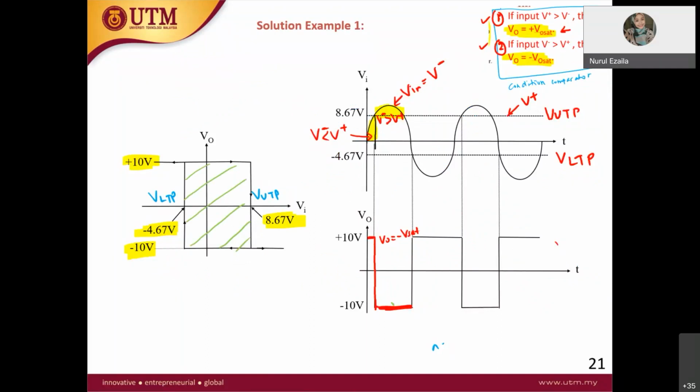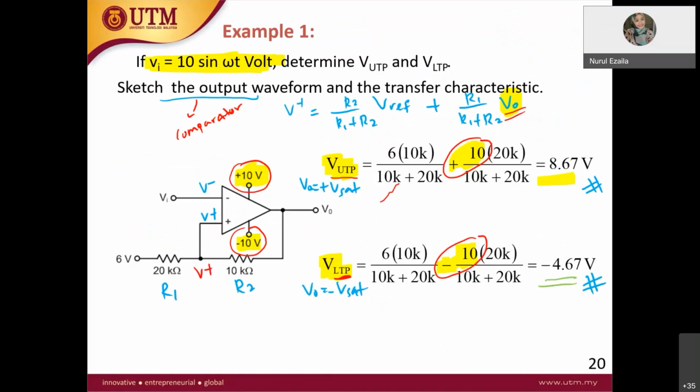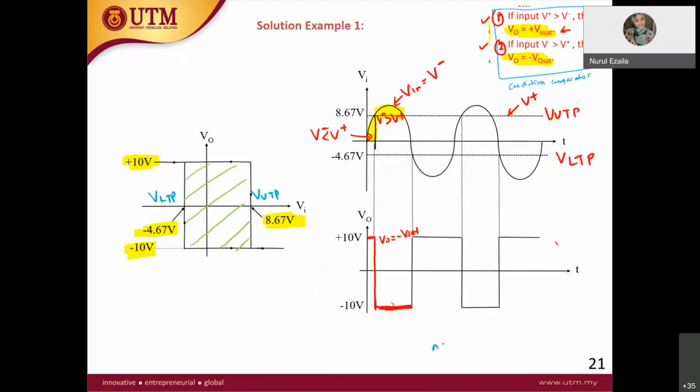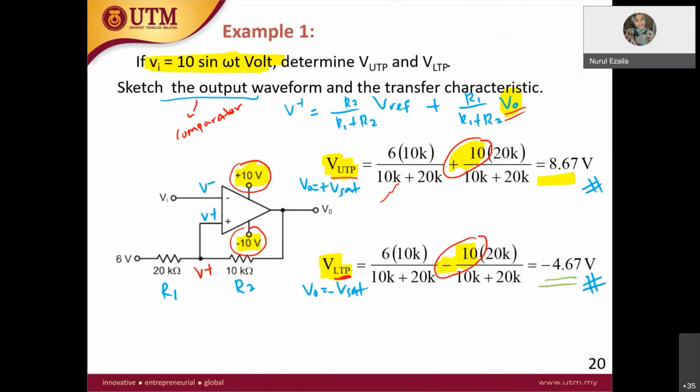But for the output waveform, you need to apply the comparator by applying this condition. So you need to know your V in.